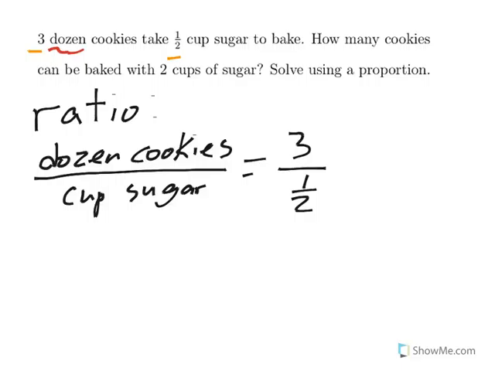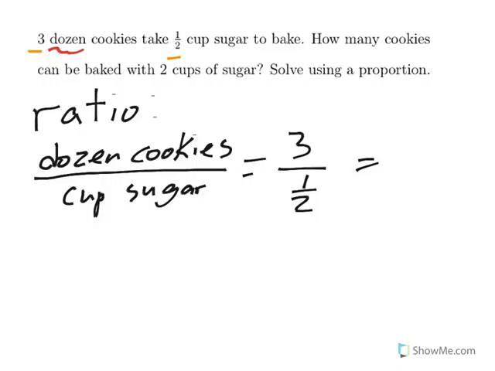So the next thing to look at is, okay, I've got this ratio, and I will get an equivalent ratio so that I could set up a proportion if I multiply top and bottom of this given ratio by the same multiplier.